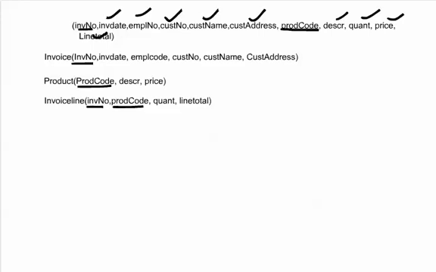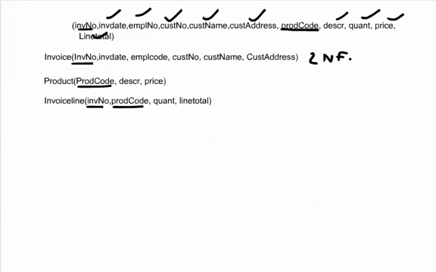Is there any attribute in that table that is only partially dependent? No. Are there any transitive dependencies? Yes, because customer number can actually exist on its own. So this relation is in second normal form.